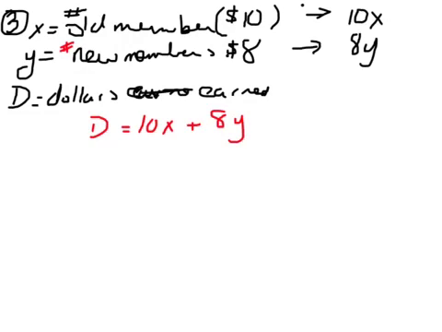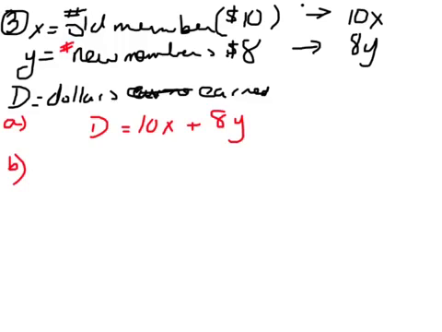That's one equation. B says the following facts restrict the number of students who work. So ideally, this would be the money we get, but there are some things complicating the situation here. The number of old members is non-negative, and so is the number of new members. So we can write some inequalities for these.